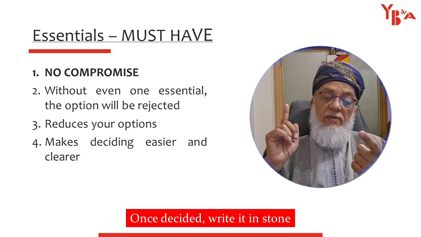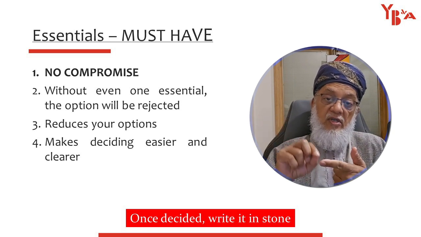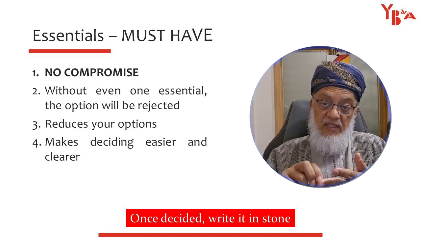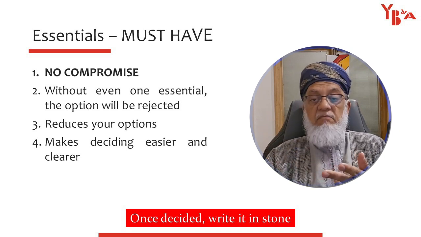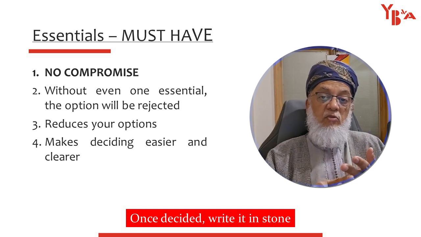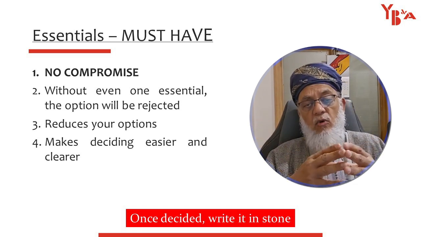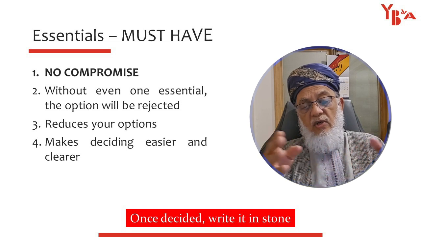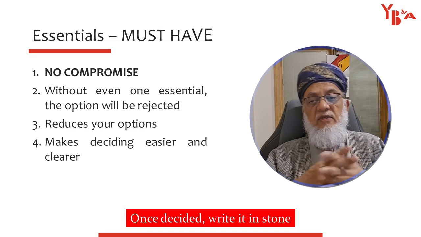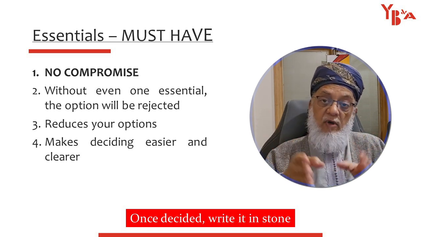So if you say that, for example, the person must be from my religion, not only religion, my particular sect, not only that, the person must be from my ethnicity, not only ethnicity, but must be from my town, my city, must be related to me in line, from my extended family, and so on. Then the more essentials that you load on, the narrower and narrower and narrower your options are going to get. So the number of choices that you have available to you will become smaller and smaller.